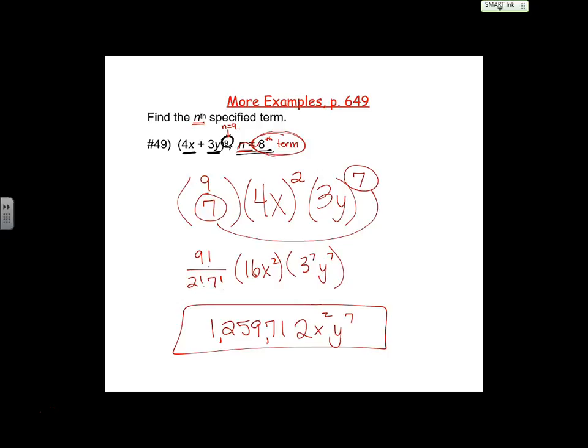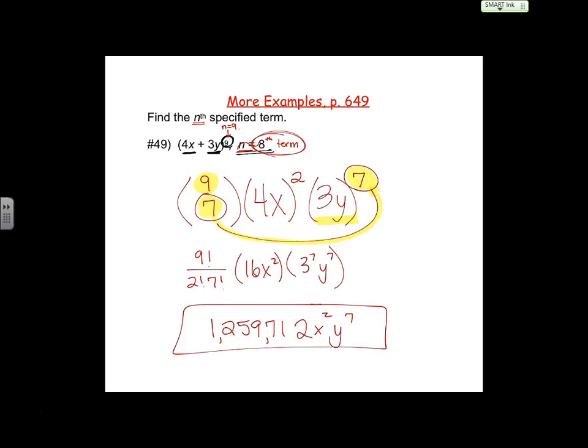What goes in this top spot of NCR? Because that's what this little parenthesis thing means, right? N goes on top. What goes on bottom? R. What is R the same thing as over here? The degree or the power? Which term is being raised to the second power? Whatever's there.